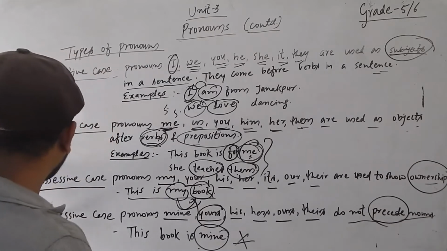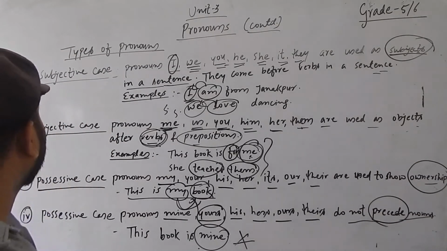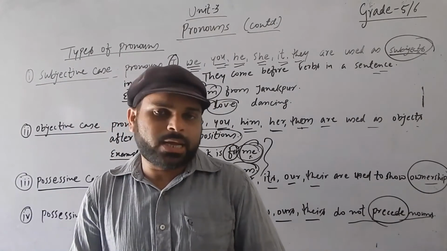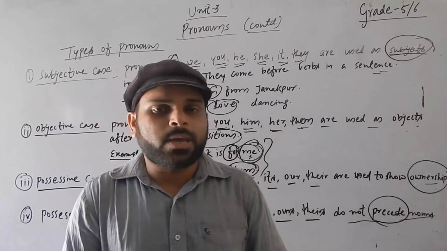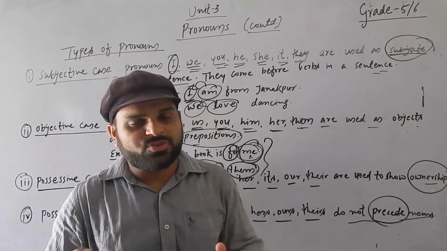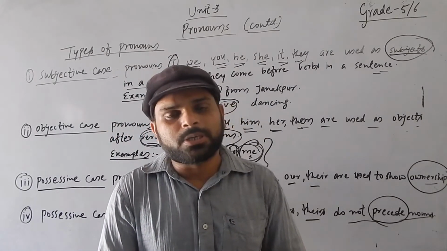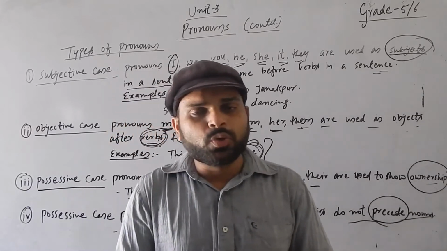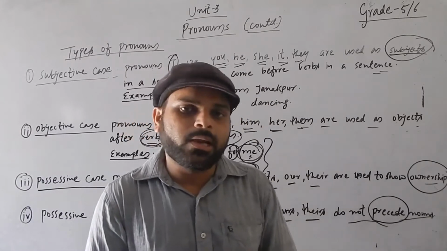Possessive, two types. Basically, you have to keep in mind the first person, second person and third person, and the cases: subjective, objective and possessive. That chart we discussed yesterday will be more important and beneficial while you use pronouns in grammatical exercises.